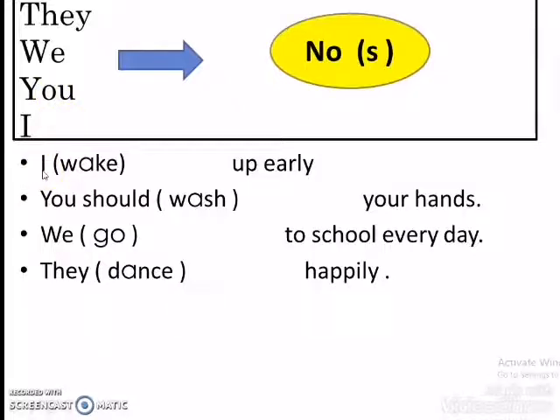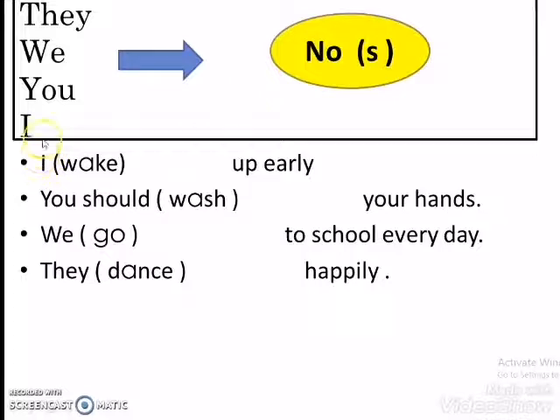For example, I wake up early. What is the action verb? The action verb is wake. Okay, let's look before the action verb. What do I have before the action verb? Do I have he, she, it, or they, we, you, I? I have the pronoun I. Okay, what did I say?